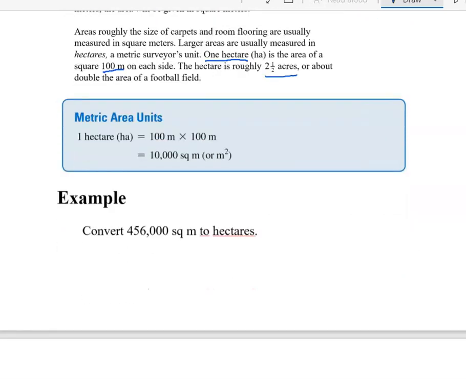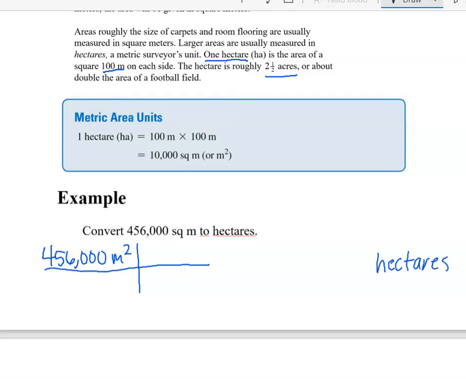So it says convert 456,000 square meters. So we're starting out with 456,000 meters squared, and they want our answer to be in hectares. And we have this conversion up here that says that 1 hectare is equal to 10,000 square meters.